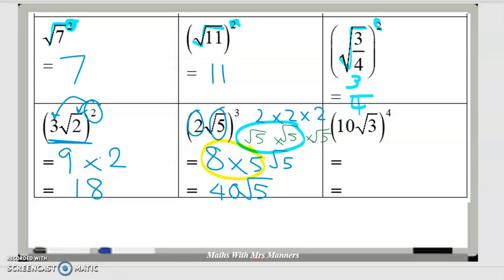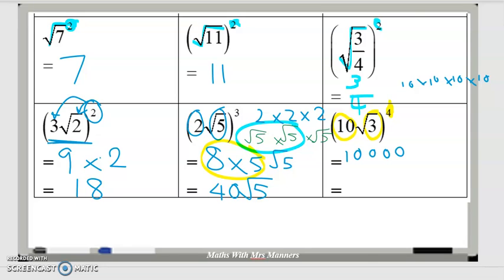Now we're finishing off with a power of 4. So we're going to raise the 10 and the root 3 to the power of 4. So we're going to do 10 times 10 times 10 times 10. And that will give me 1 with 1, 2, 3, 4 zeros.